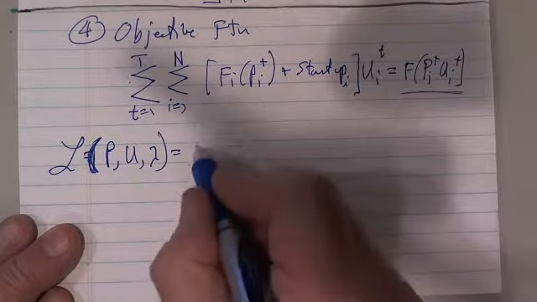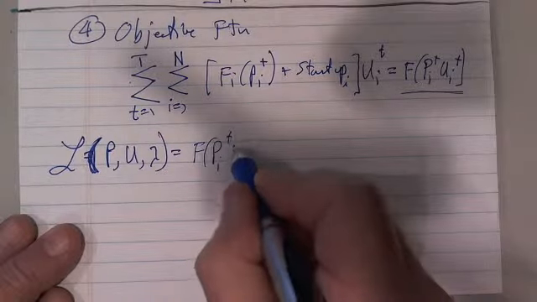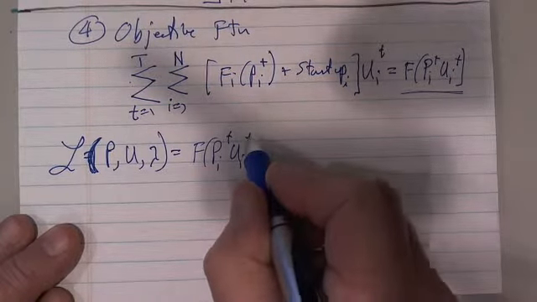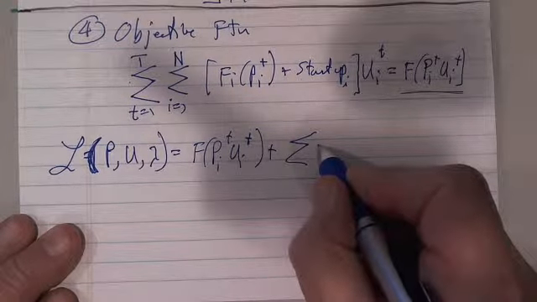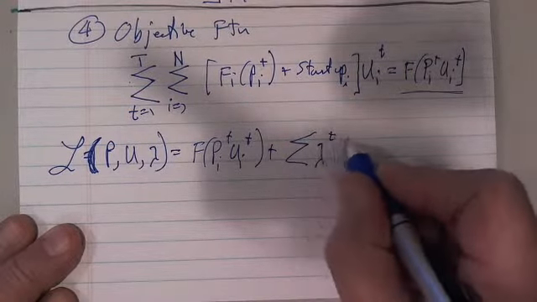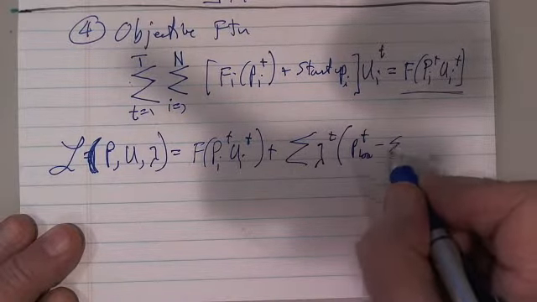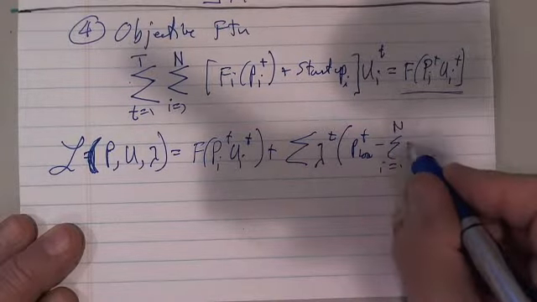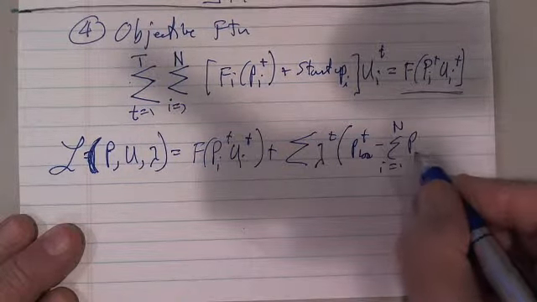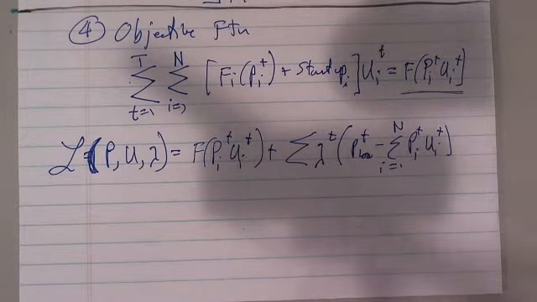It's this function, f of pi of t ui of t, plus the sum of lambda of t times p load of t minus the sum i equals 1 to n of pi of t ui of t.